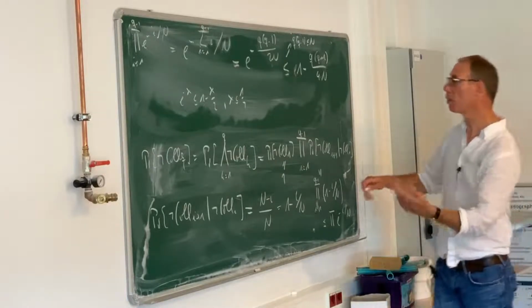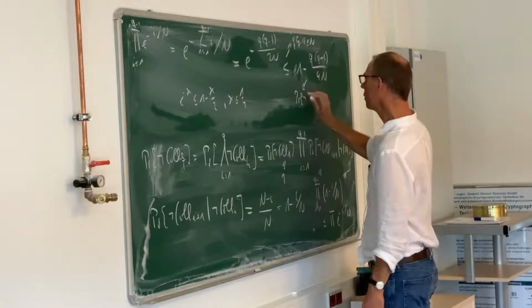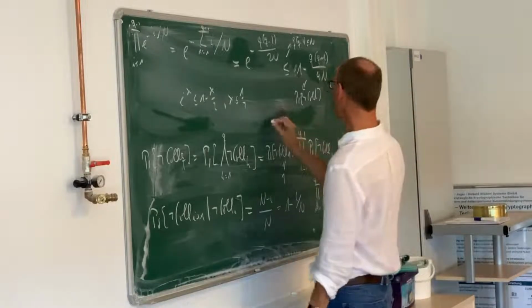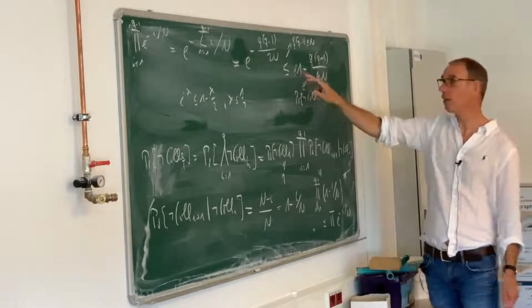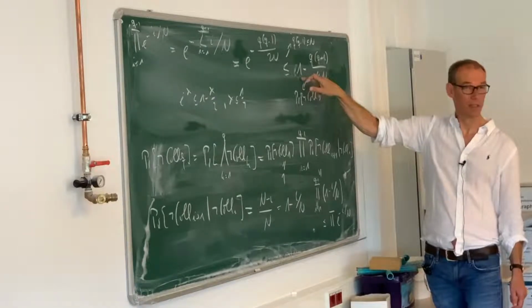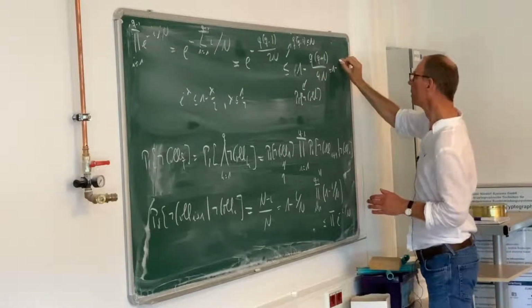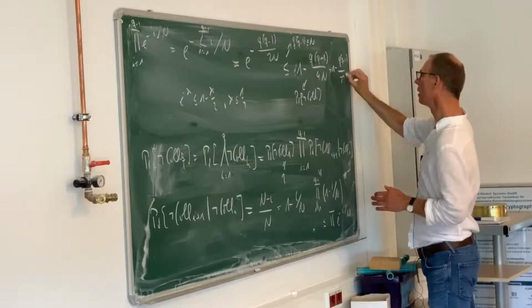And this was the probability for non-collision. So then we know that the probability for collision is greater than 1 minus this here. But this here is 1 minus q times (q minus 1) divided by 2 to the n plus 2.